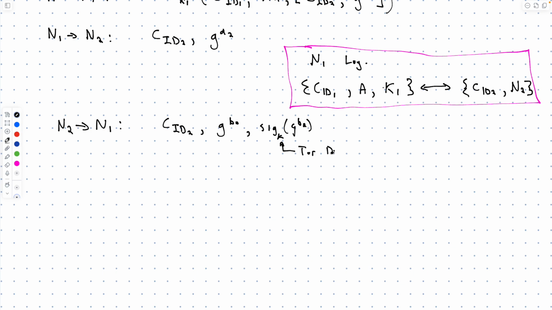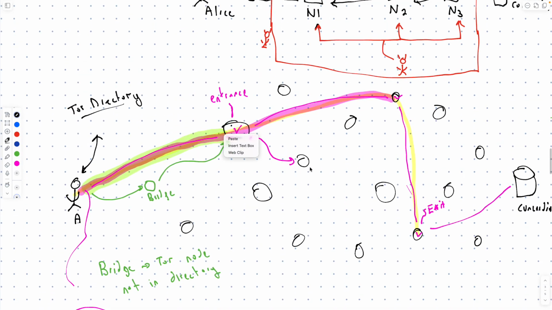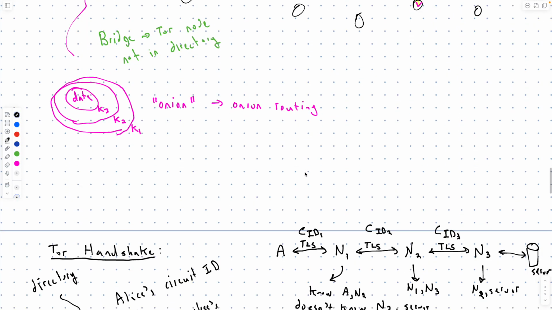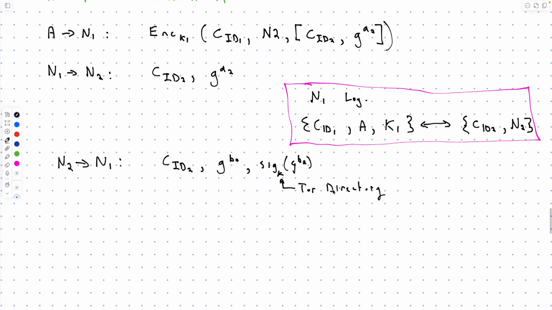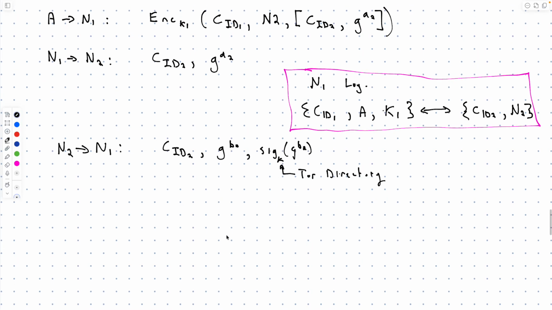This is what stops N1 from substituting another node. Eventually this is going to reach Alice, and Alice is going to check the signature and make sure that it's N2's key that signed this as opposed to another key. Now it goes to N1. N1 sees a Diffie-Hellman, and a signature on the Diffie-Hellman.